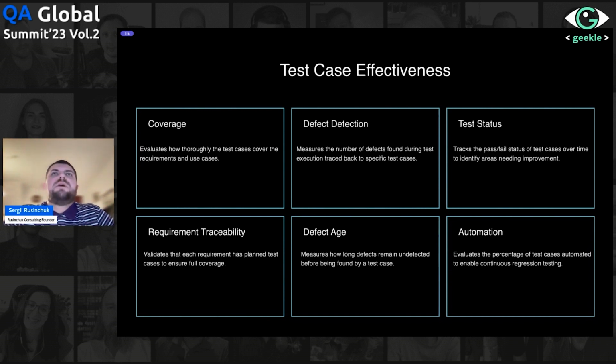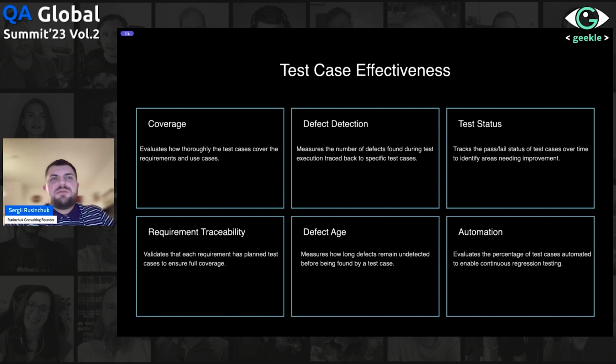Then, how effective our test cases are at defect detection. This metric measures the number of defects found during test execution traced back to specific test cases. The other one that is also related to test cases is test status. It tracks the pass-fail status of test cases over time to identify areas needing improvement. The next one is requirement traceability. This one validates that each requirement has planned test cases to ensure full coverage.